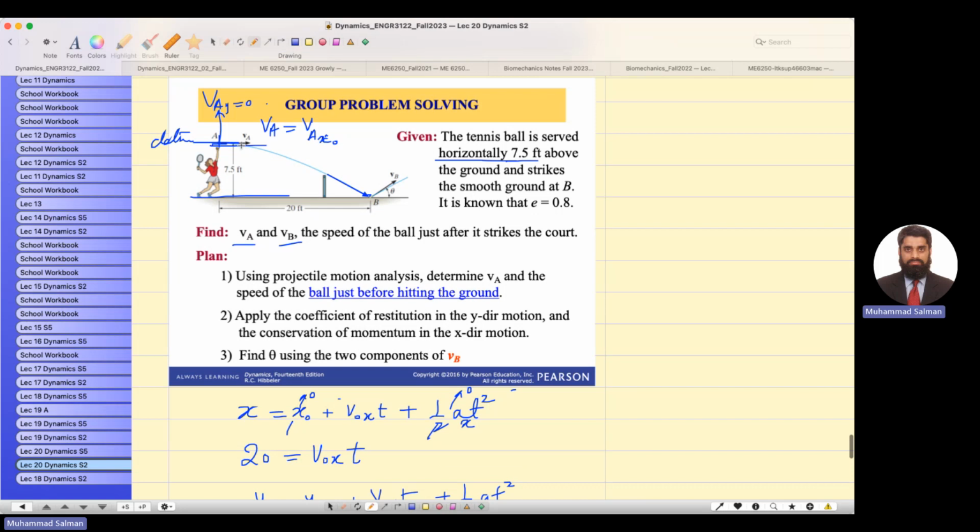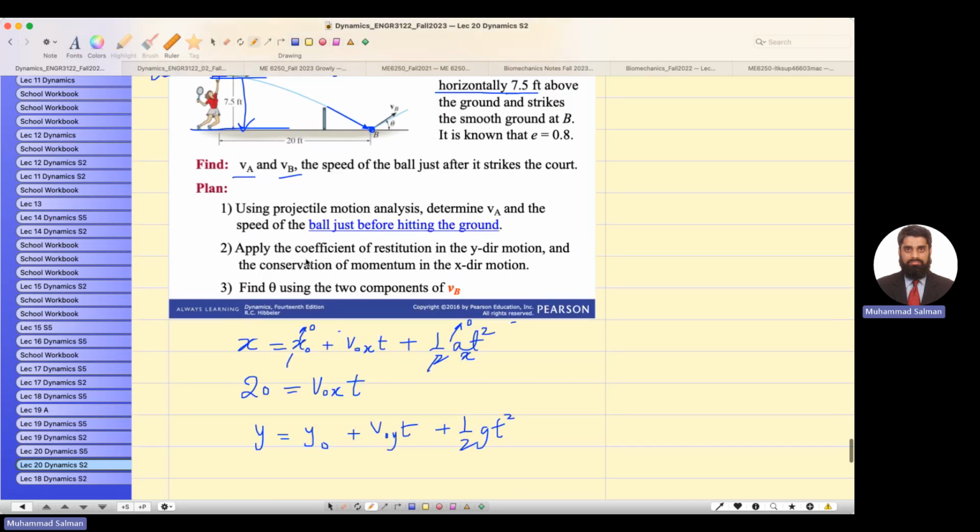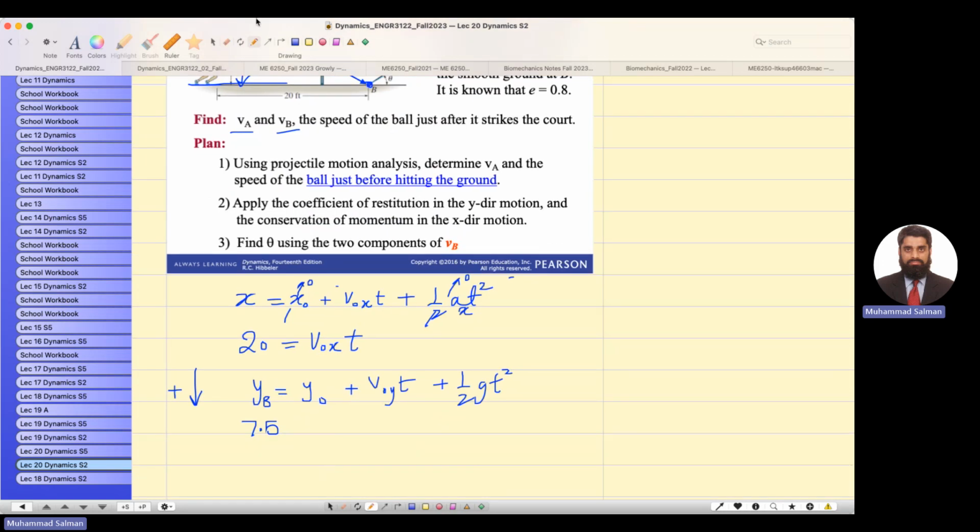This is the datum line, and point B is 7.5 feet below the datum line, so I'm assuming my positive is downward. I would say YB, so that you do not get confused. YB is the landing point, the distance from the datum line. You agree with your professor?